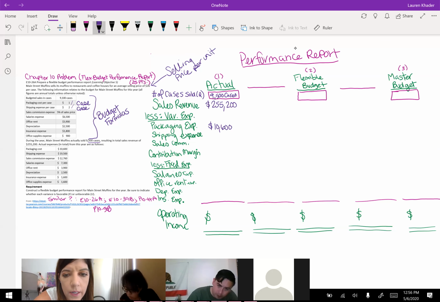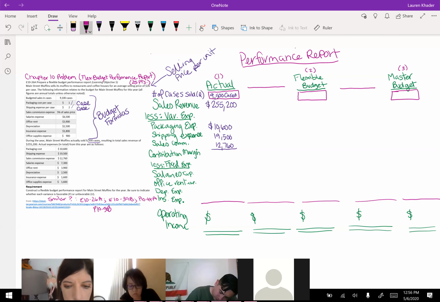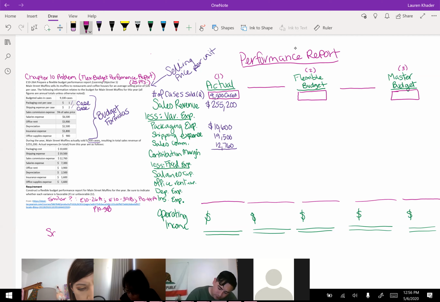Shipping expense was $19,500. Sales commissions $12,760. And you need to calculate the contribution margin. So I'll have a little calculation off to the side. Sales minus total variable expenses. So in this case, we have 3 equals our contribution margin.